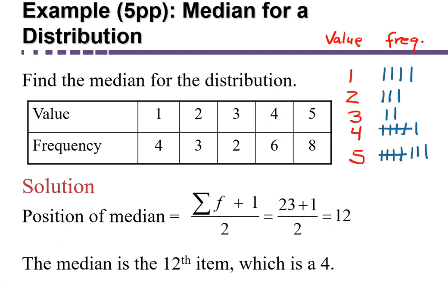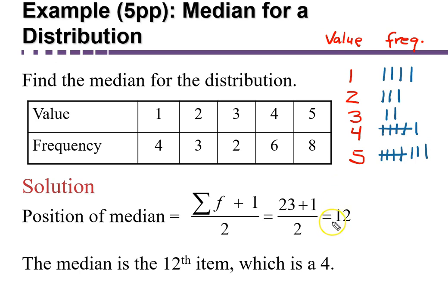So to make this clear, I've developed this little way you may have used sometime in the past for counting things. How many ones do you have? You have a frequency of 4. There are 4 ones. How many 2s? 3. How many 3s? 2. How many 4s? 6. 5s? 8 of them. So set up like this now. What would be your middle number?